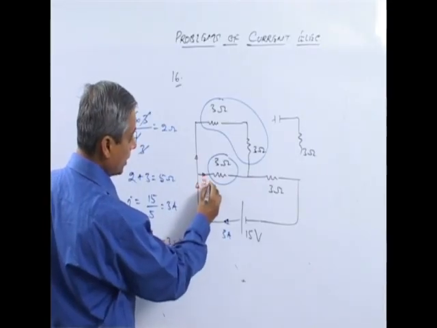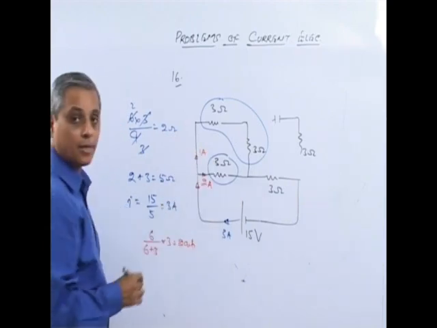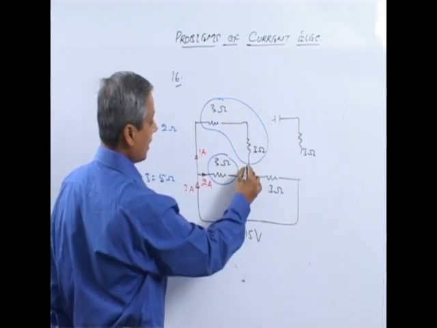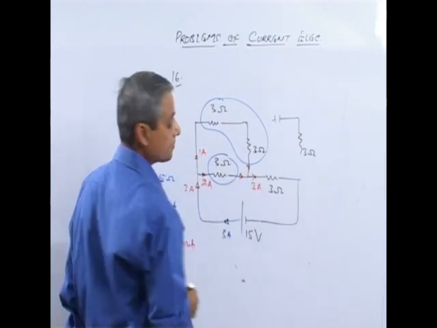So here it is 2 ampere and the rest is 1 ampere, because the entire current is 3 ampere. They will again recombine to form once again 3 ampere.